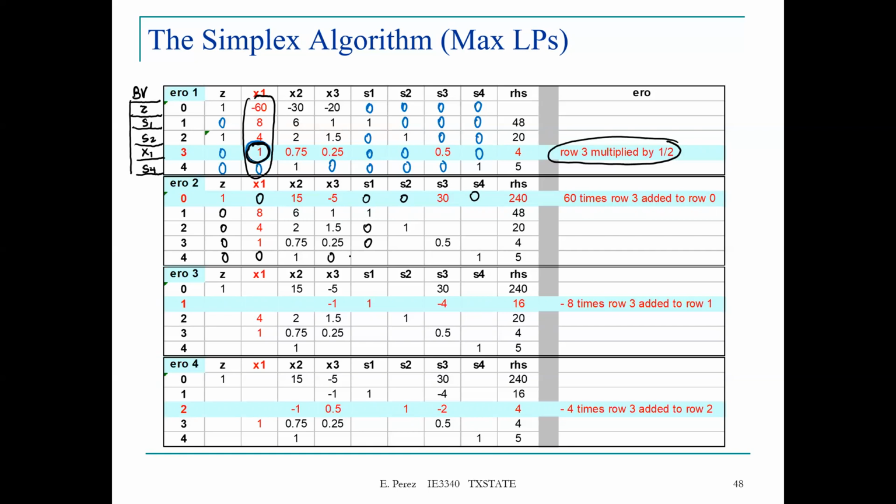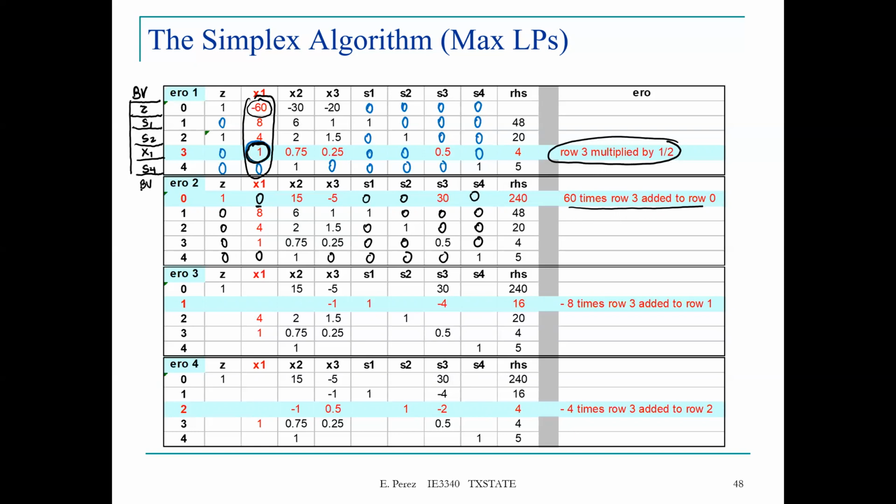So what we're doing next, I want to make this minus 60 equal to 0. So the next step is to multiply 60 times row 3 and add that to row 0. And we have obtained that 0 here. Okay, so I need to work on the other 2 now. So let me also update.